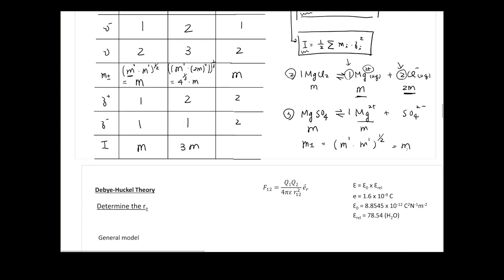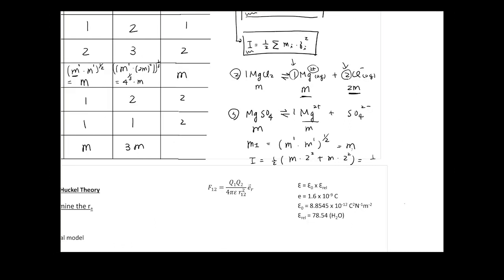Calculate your I, which equals 1/2 times m times your z+ which is 2 to the second power, plus your m− which is m times z− which is also 2 to the second power. So this is 1/2 times 8m, that's 4m. In this case, your ionic strength is actually 4m.